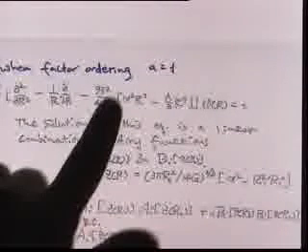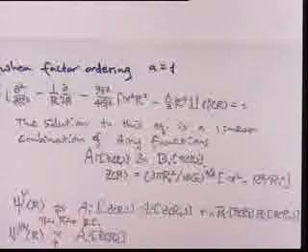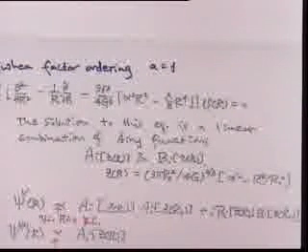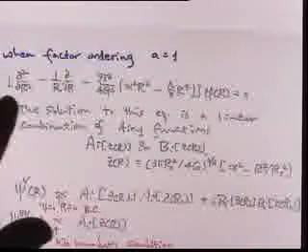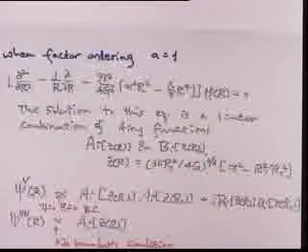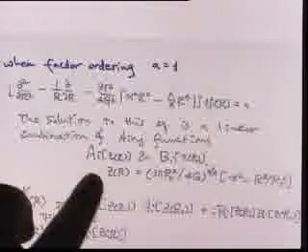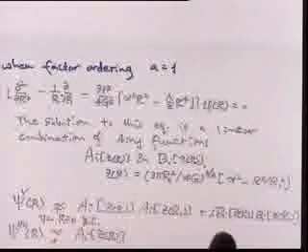When the factor ordering parameter is equal to 1, the Wheeler-DeWitt equation is given like this, and the solution to this equation is some linear combination of the Airy functions. But the wormhole effect is here, the alpha squared.